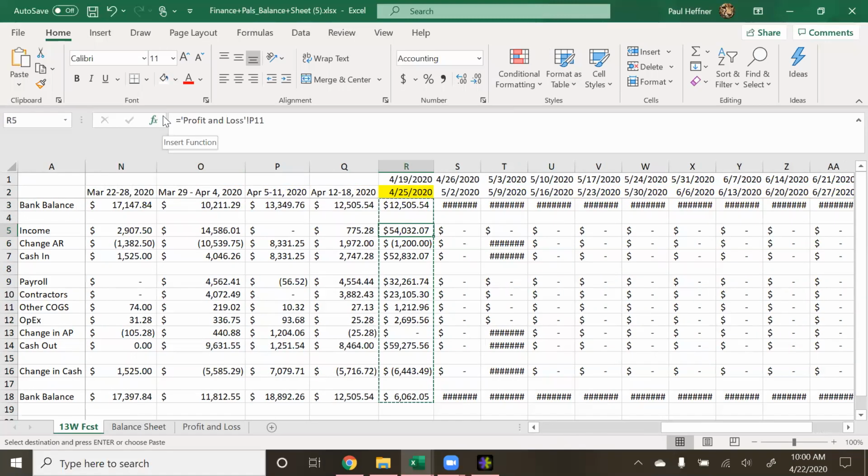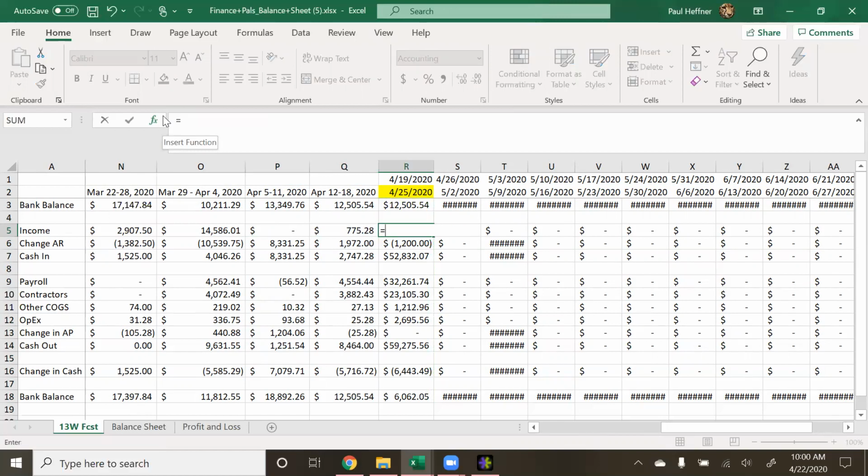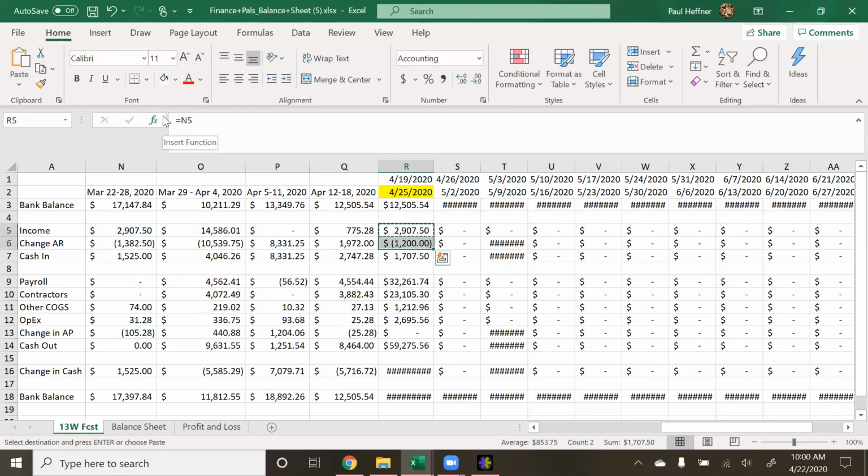I guess I'm still pulling from here. So let's say this would be our income for the last week, to see how this carries forward.